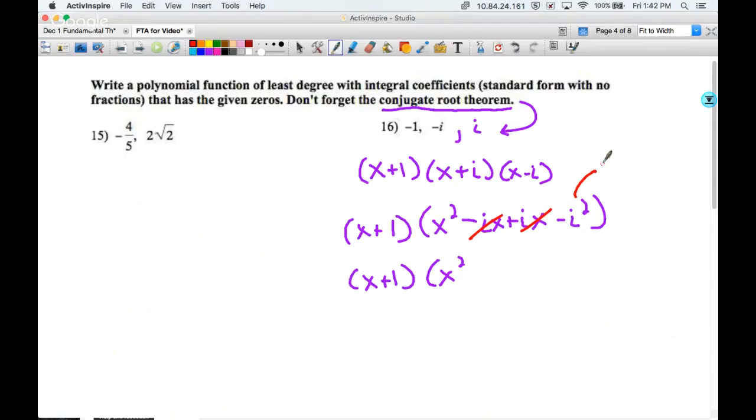That i squared is equal to a negative 1, so this becomes a plus 1. And we FOIL one more time, and I'm going to do it so that I get it in standard form right away. First, outside, inside, last. There we go.